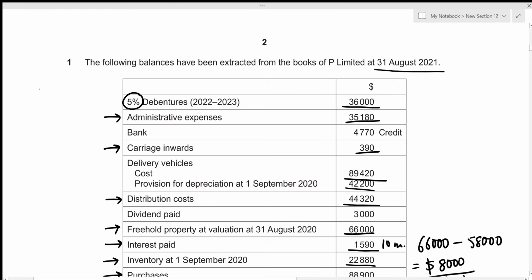So 36,000 into 0.05 would give the interest for an entire year. But we only need the interest for the remaining 2 months. So we can just multiply it with 2 by 12. This is a unitary method. So this gives us the outstanding interest amount to be 300. So we need to add this 300 amount with the already paid debenture interest of 1,590 in order to figure out the total finance cost.